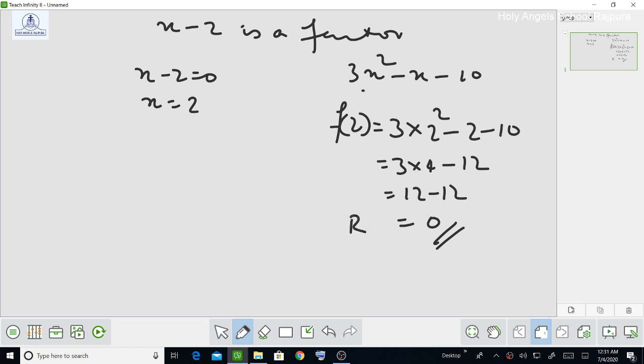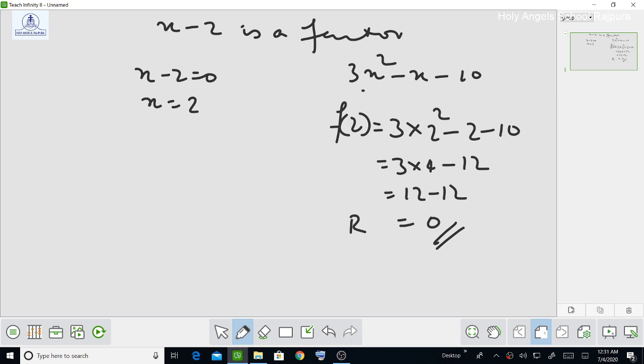R stands for remainder. When the remainder is 0, that is directly telling us that x minus 2 is a factor. Now, let us see whether by division we get 0 or not. That is just to verify it. Otherwise, we don't have to do it.